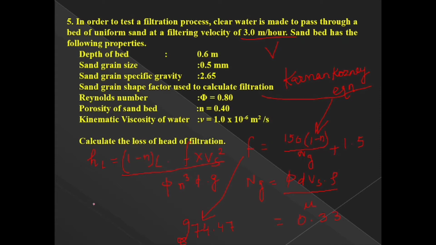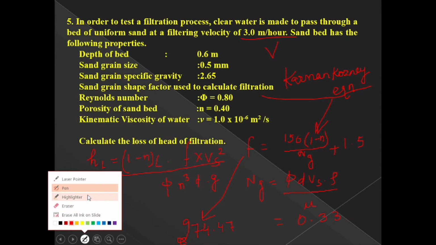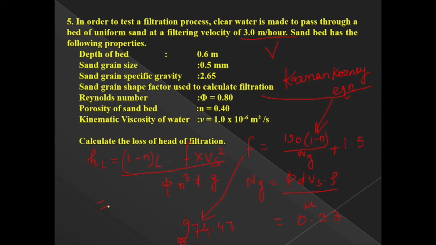Now we can easily calculate the value of the head loss, and after putting all the values, I found the head loss is equal to 0.2732 meter. 0.2732 meter is our answer.